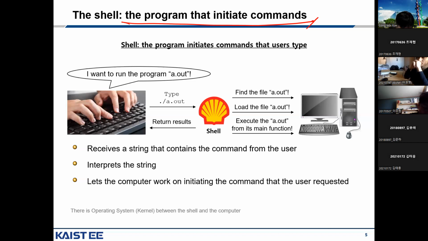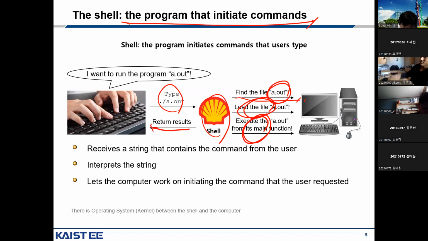For example, if you execute a.out, the shell will try to find the file a.out, tell the computer to load a.out, then tell the computer to execute a.out, and finally the shell returns the result to the user.